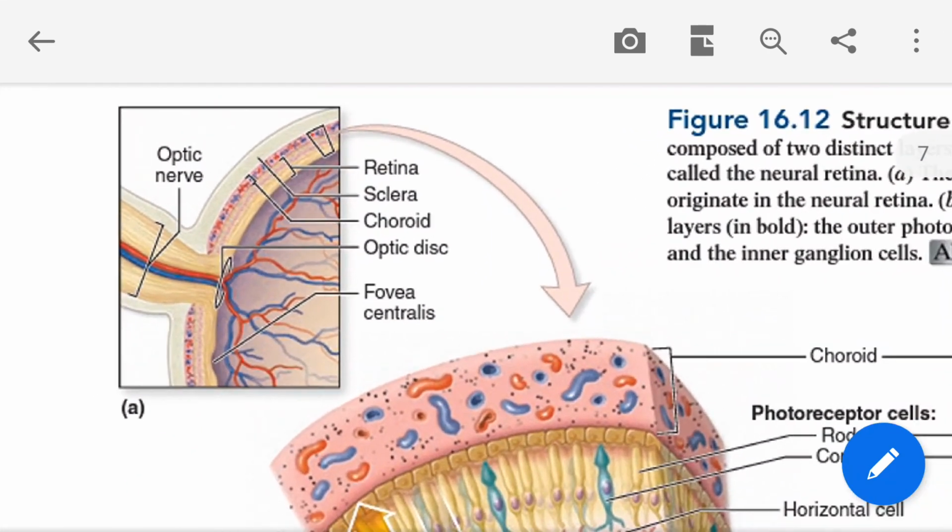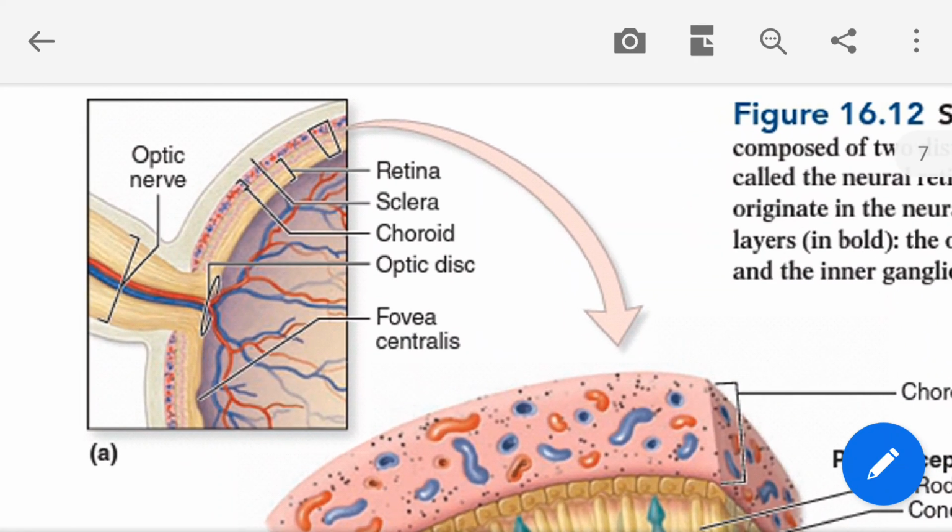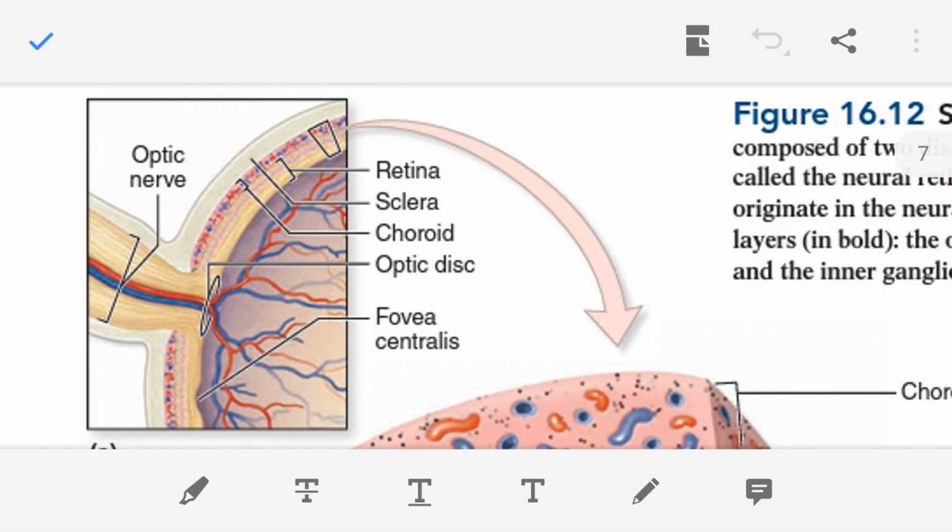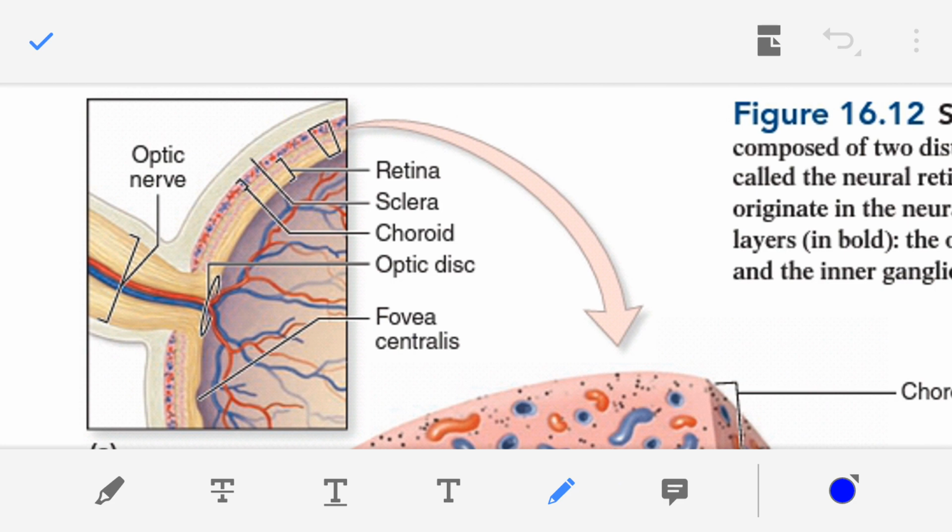Now we are discussing the choroid. What is the choroid? See here, this part is the choroid.